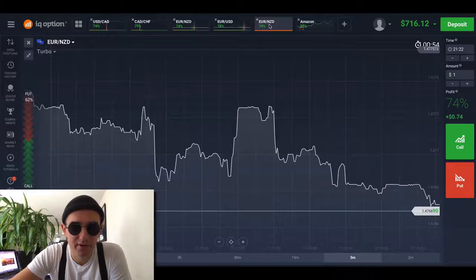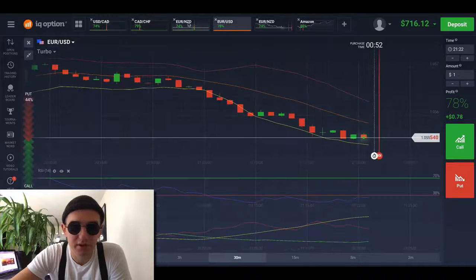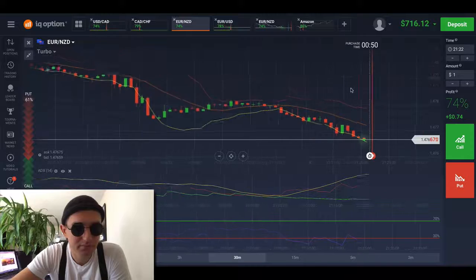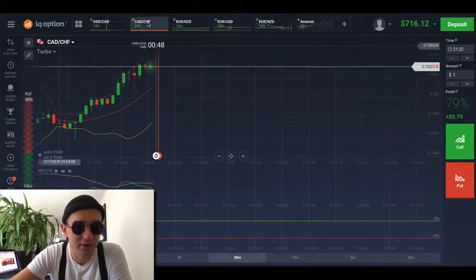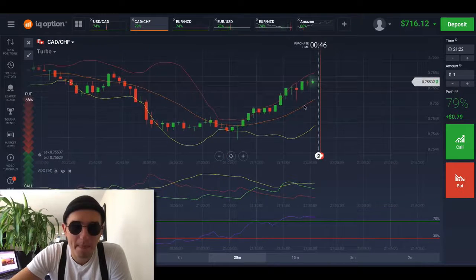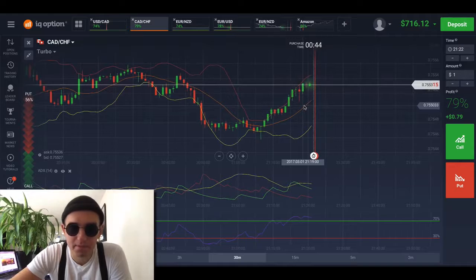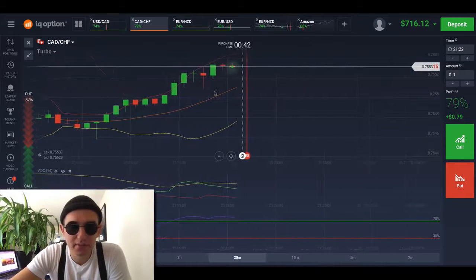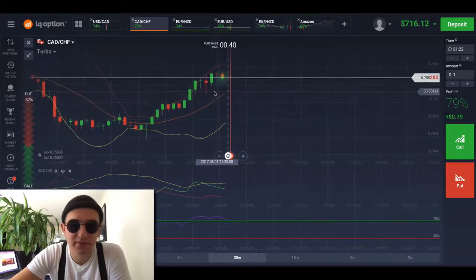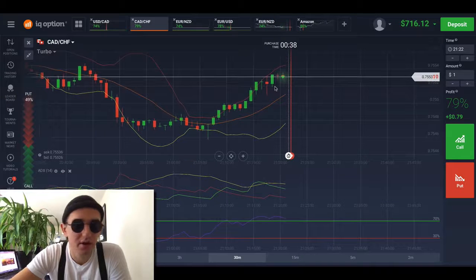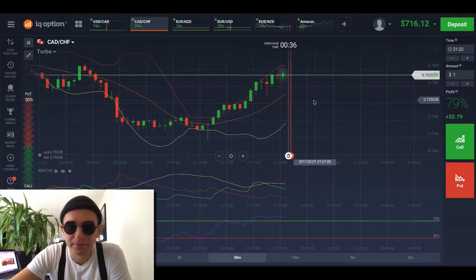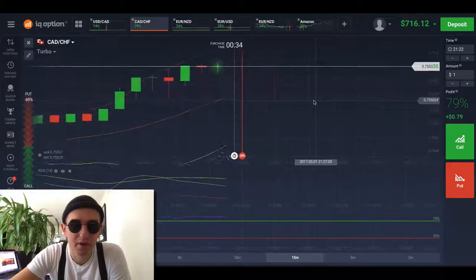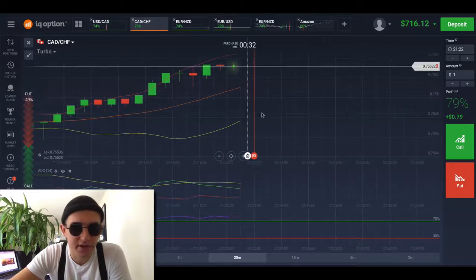Let's check the other assets. This one is looking okay. It's trending again here, but I do see some nice opportunity on trading this asset.